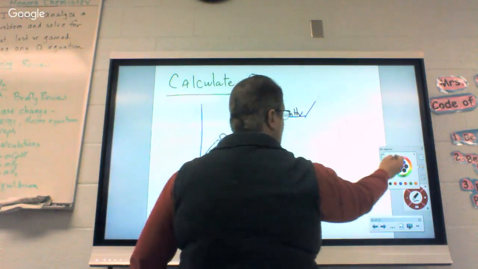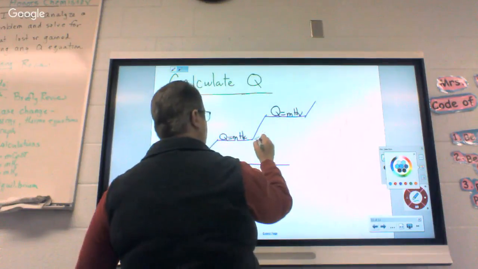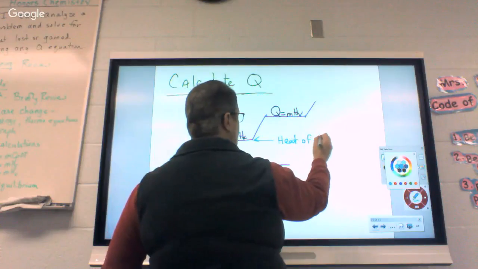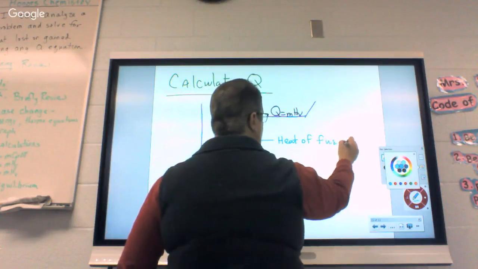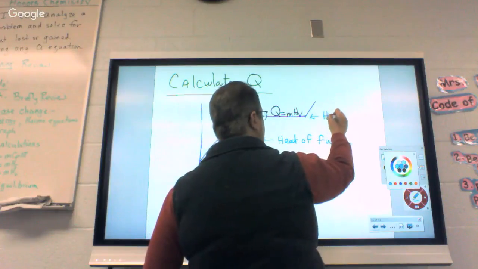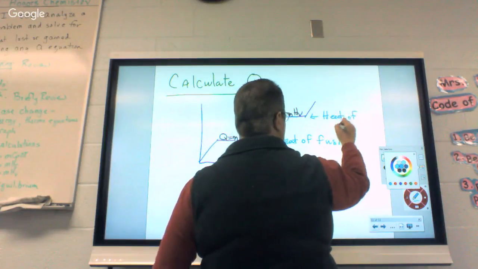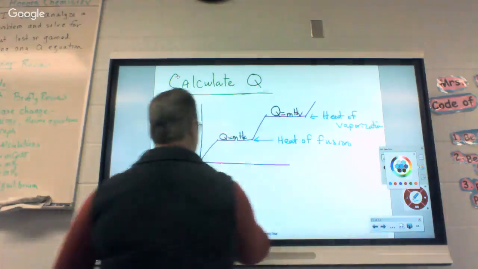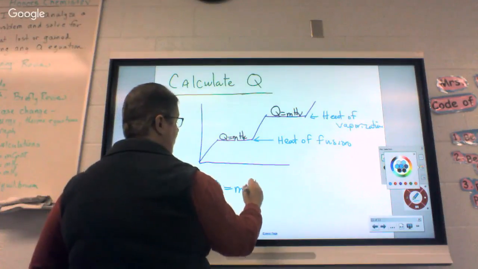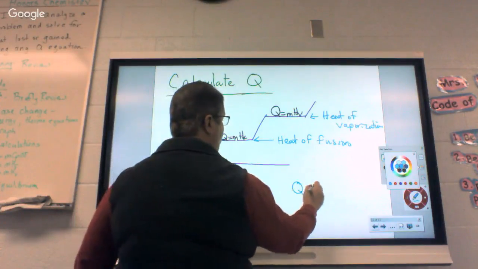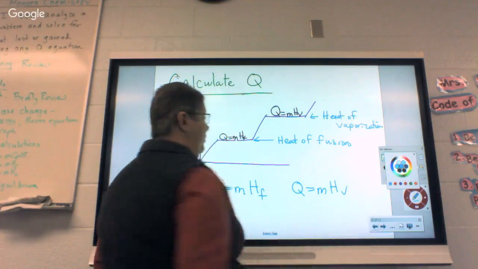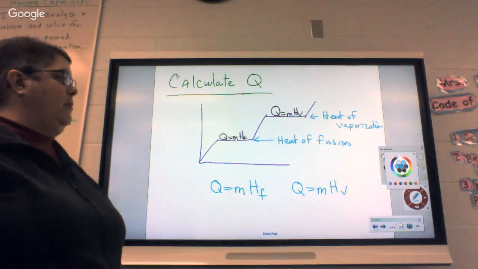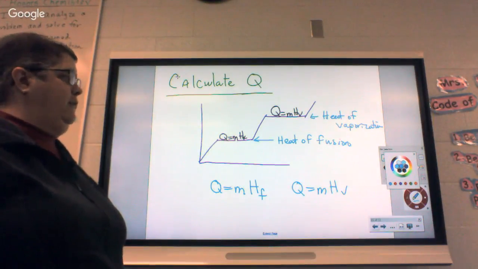Now, this one will have the heat of fusion, and this one will have the heat of vaporization. It says Q equals MHF on that one, and Q equals MHV on the top one. So the top one's called heat of vaporization, and the bottom one's called heat of fusion.